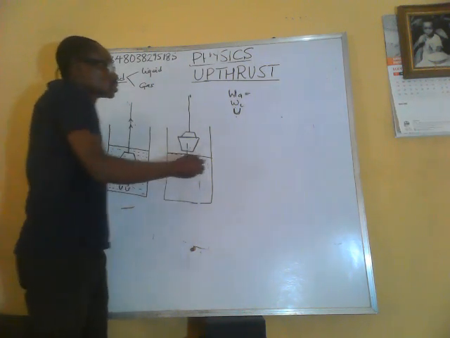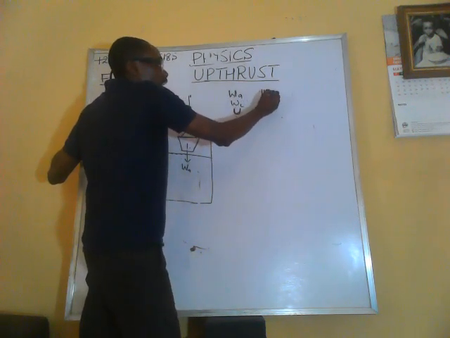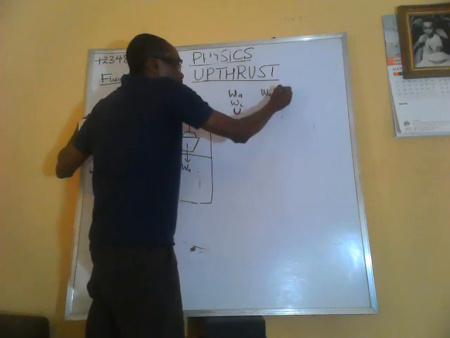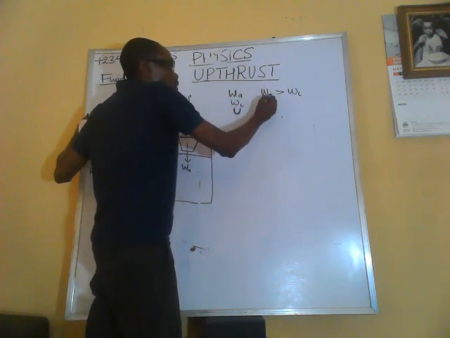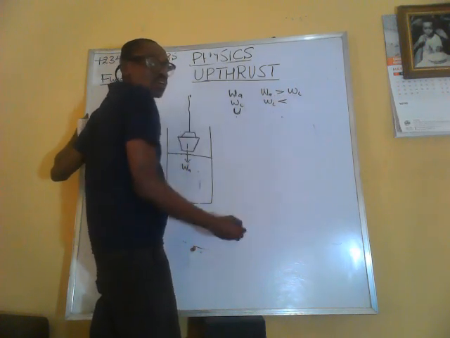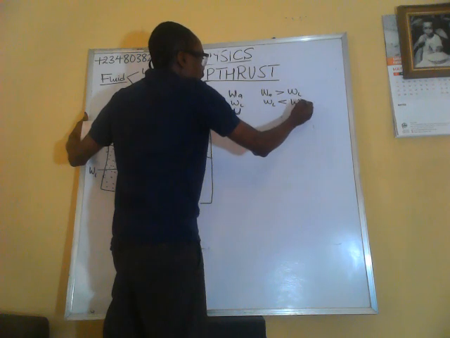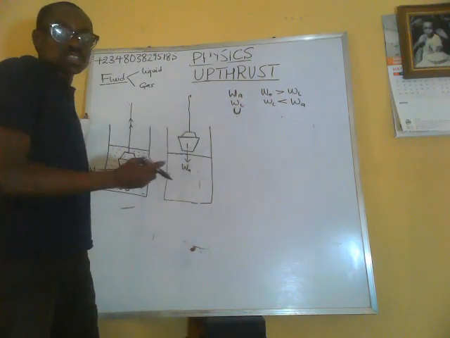So we have that weight in air is greater than weight in liquid. Weight in liquid is less than weight in air. So at the end of the day, how do you calculate the upthrust?